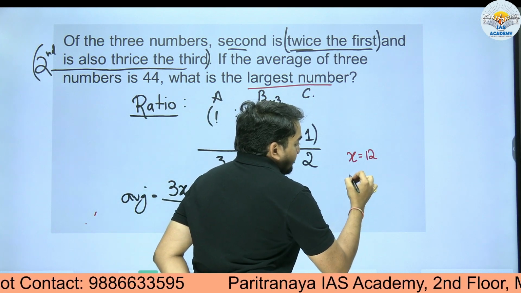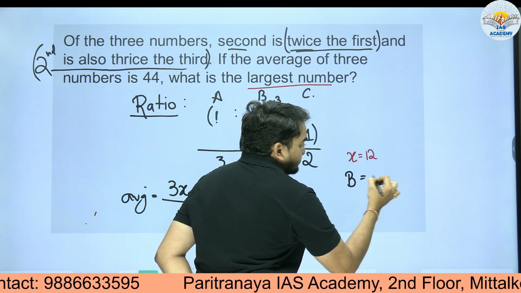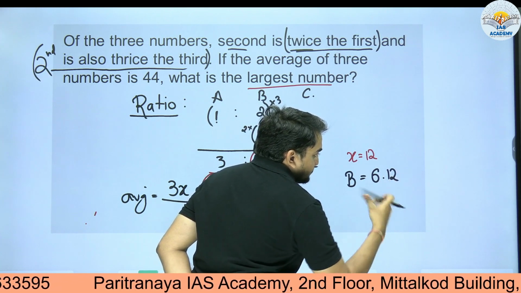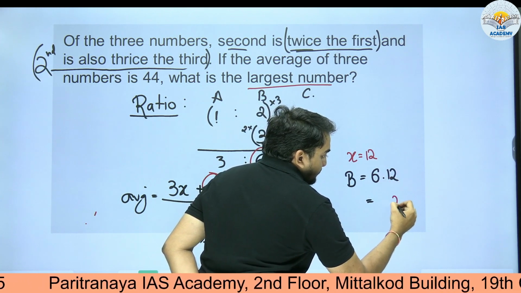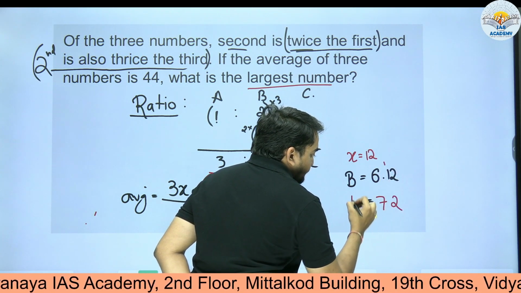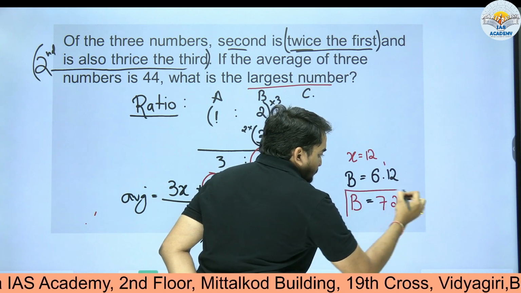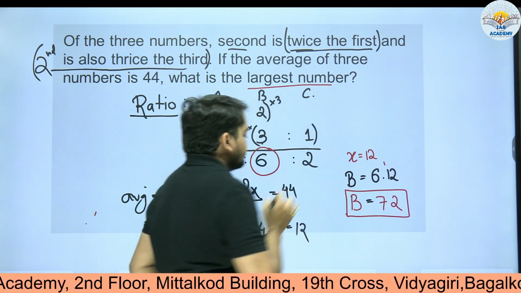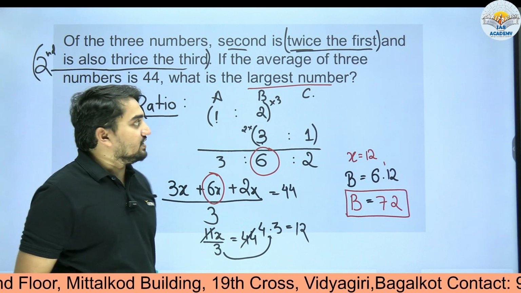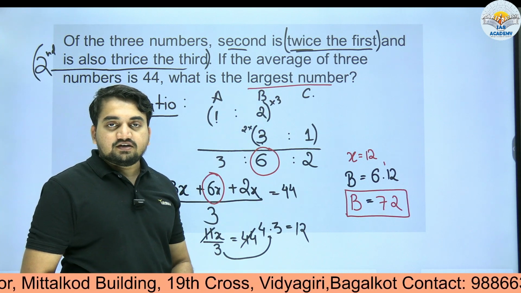Therefore B is the largest: 6 into 12. 6 twos are 12, 6 ones are 6, so 72. So B is equal to 72, the largest value of the given three numbers.